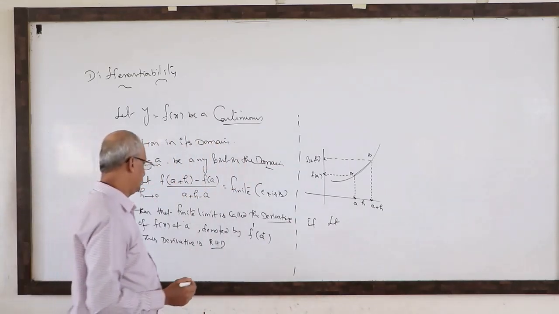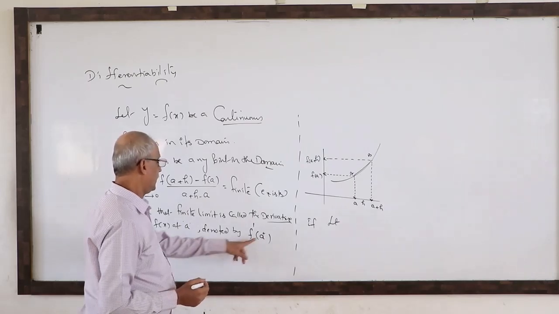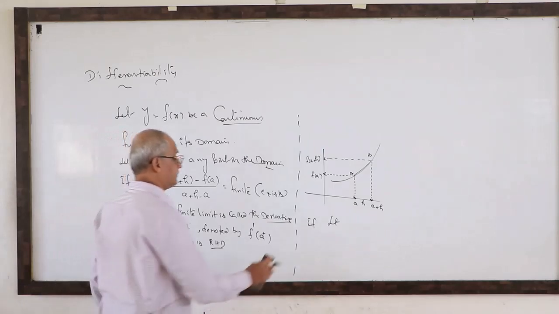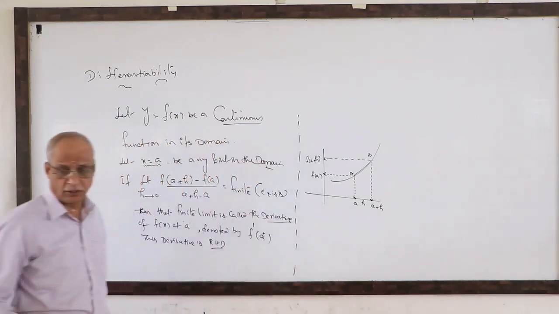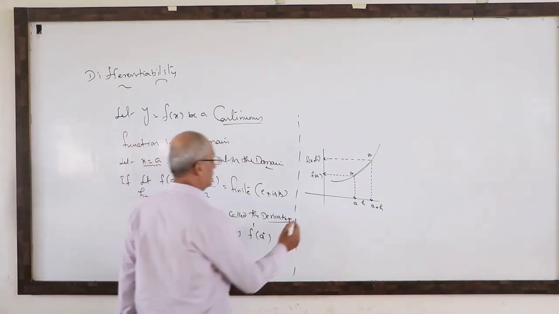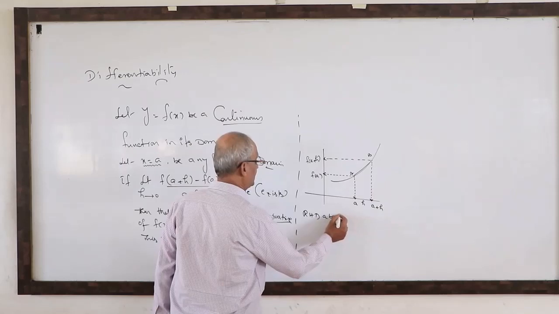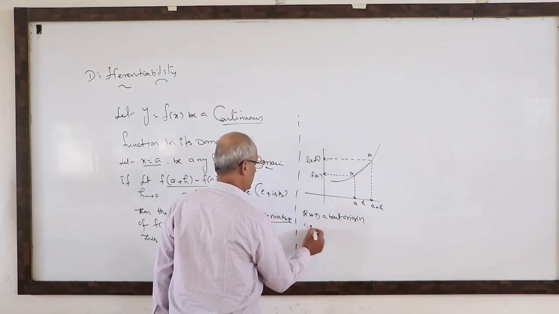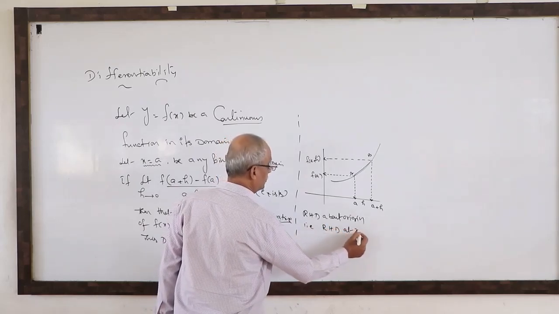Here I gave you the right hand derivative at a plus. At the origin how will you write it? We will decide the right hand derivative about the origin. That is, the right hand derivative at x is 0.